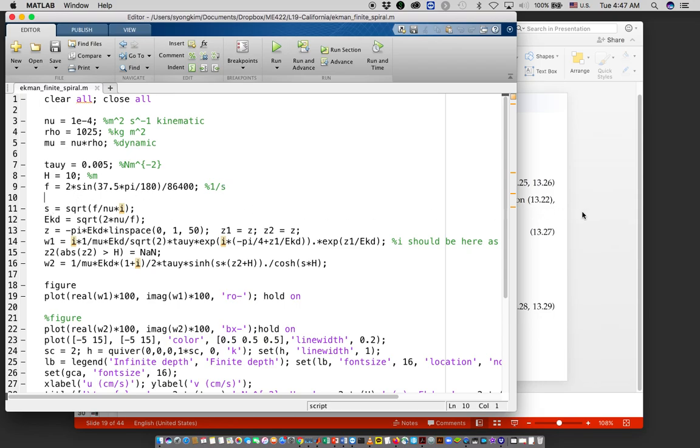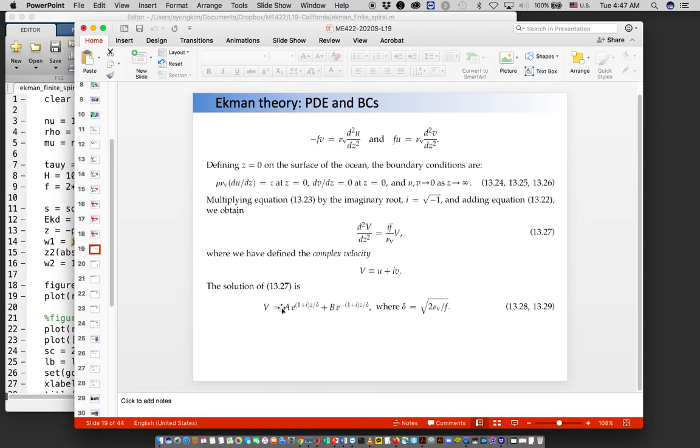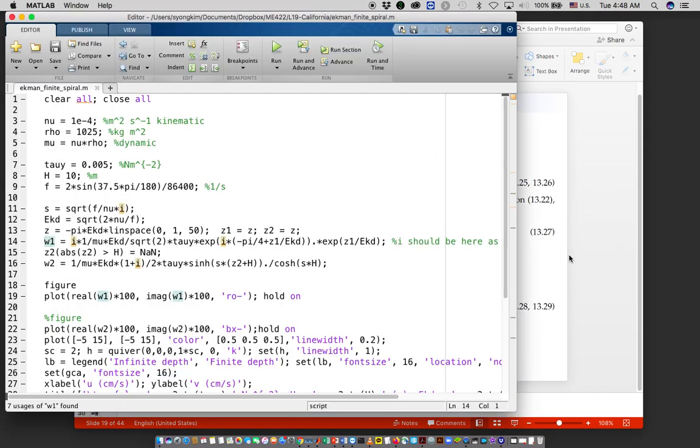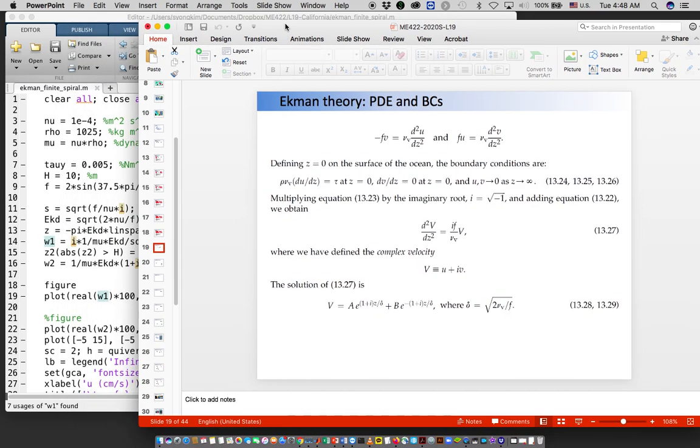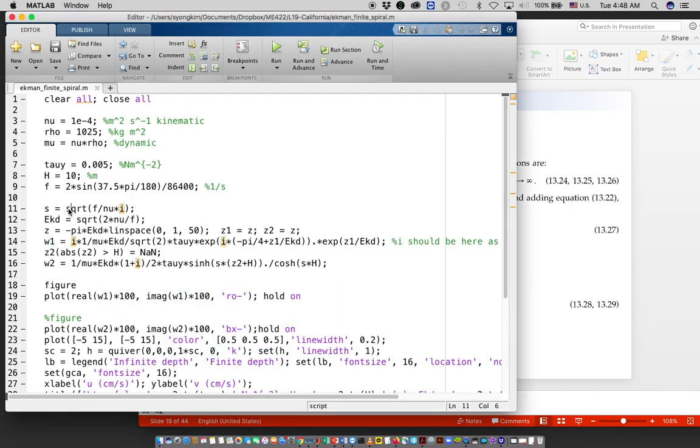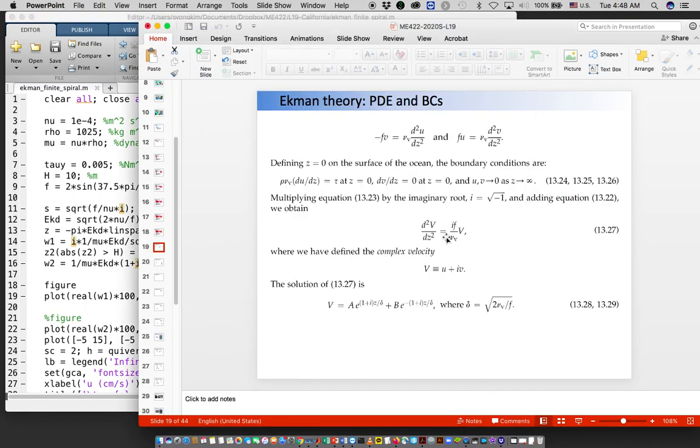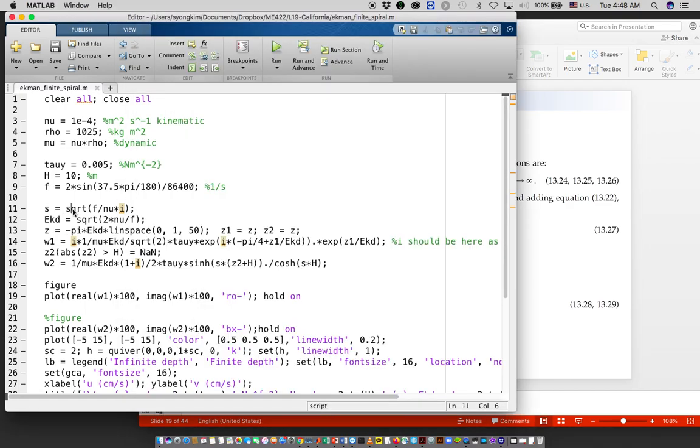And s is going to be similar to that one, F over mu. If we use this part in front of V, which is s, it can be the characteristic of the differential equation.